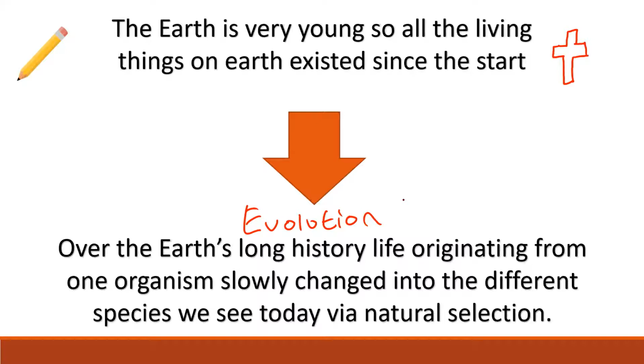Very different from back at the start, when God created all the animals and the fish in the sea and everything was good. Now we're sort of saying no. The tiger, the horse that runs across the field, was actually an animal that changed over time. So it's a very, very different idea.